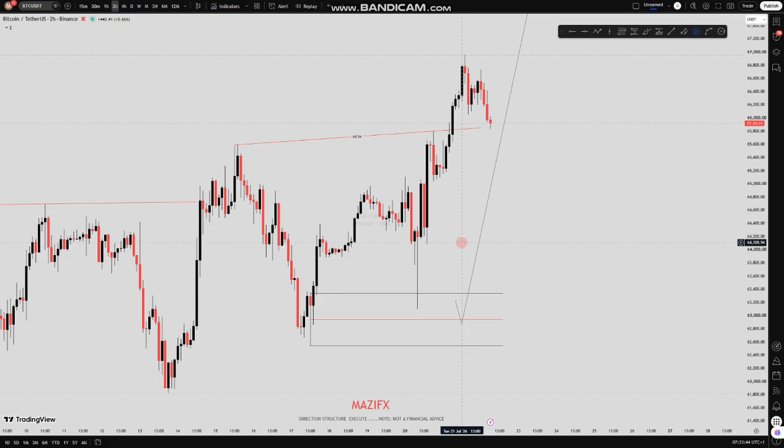So it will feel better if maybe price comes into this point, taps on it, gives a reaction in form of an engineered liquidity, then comes back into this zone here. Then I can take this trade and move higher. But it's not even looking promising to me because this range is too wide.